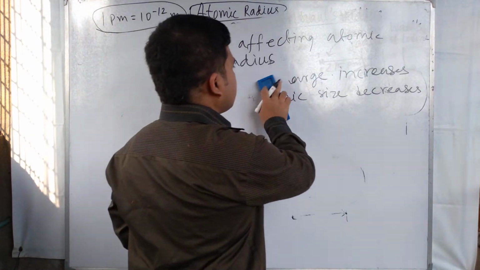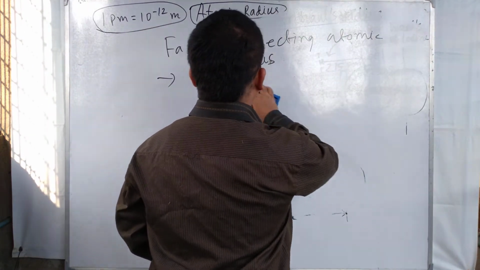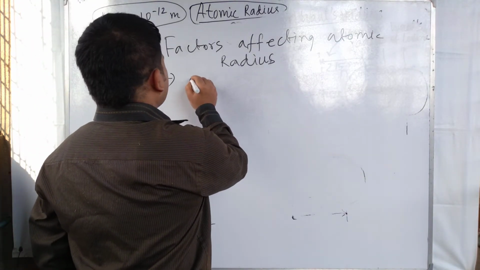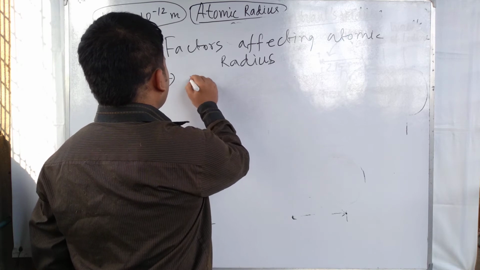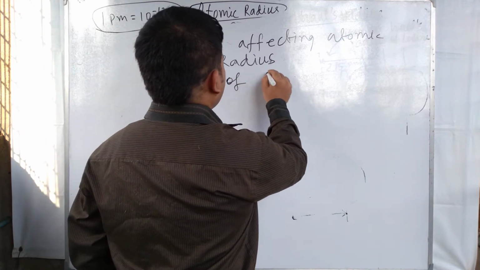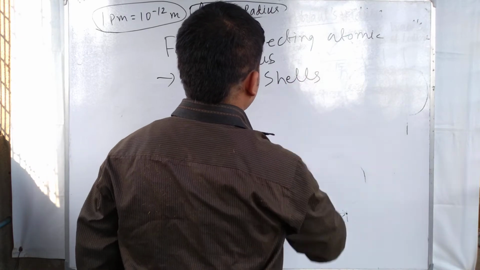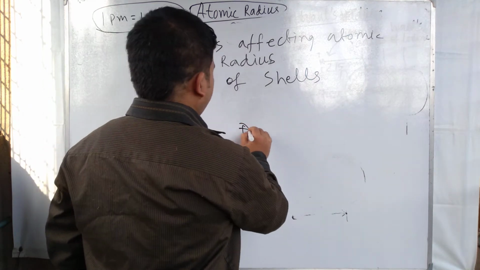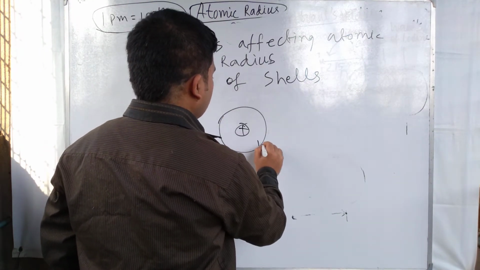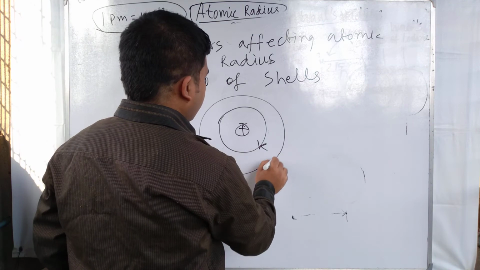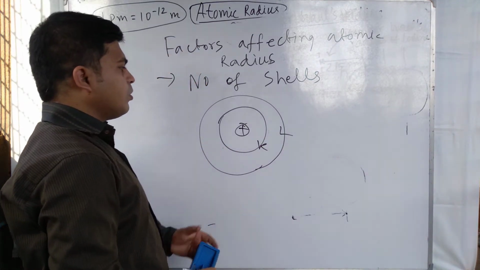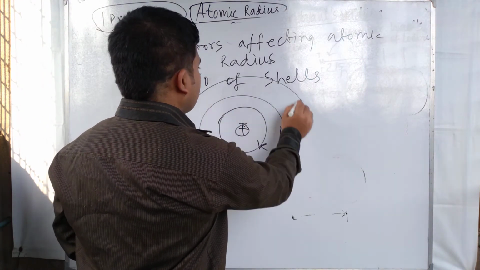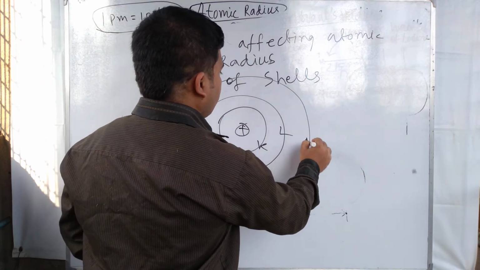Another important factor for size of atom is the number of shells. Number of shells is very important. Suppose an atom has only a K shell, and another atom has an L shell, then you can also see an M shell.